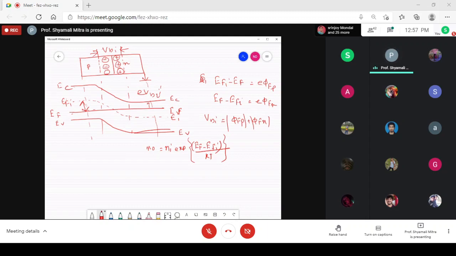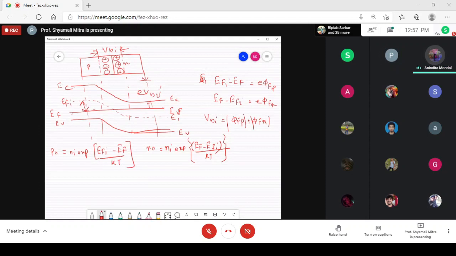On the N side, the electron concentration in the conduction band is this. And on the P side, the hole concentration can be given by a similar expression: p0 is equal to ni exp of (EFI minus EF) by kT.